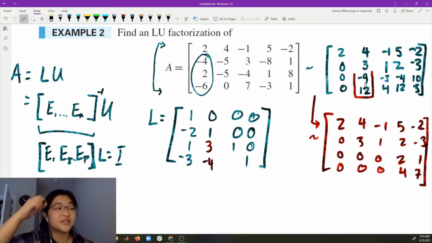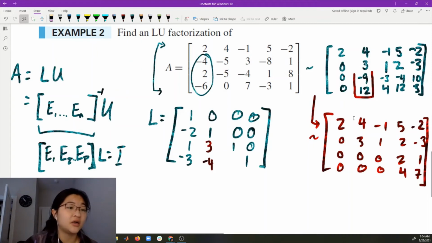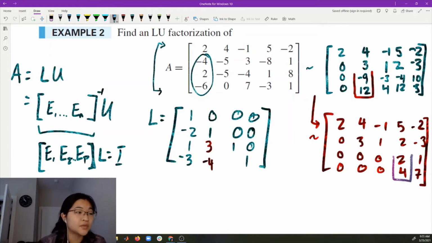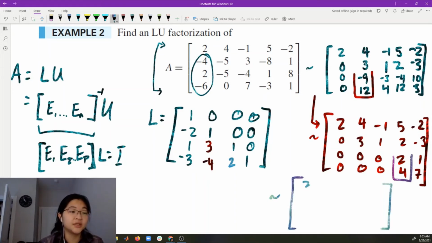So we have another set of row operations that we're doing. We have zeros here, so that's nice. And then we just have to deal with a little bit more: this 2 and this 4. To deal with this 2 and this 4, we need a 2 here, which means that when we're doing our row ops, our top rows stay the same, 2, 4, -1.